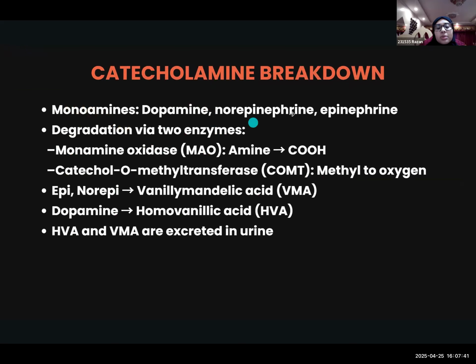So this part, the catecholamines, I don't think we will be asked about it a lot, but just know that catecholamines are degraded by MAO, monoamine oxidase, or catechol O-methyltransferase, COMT.